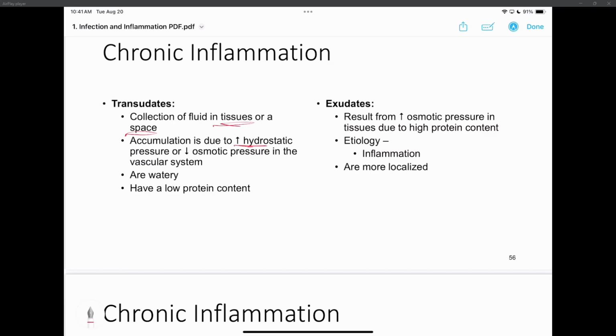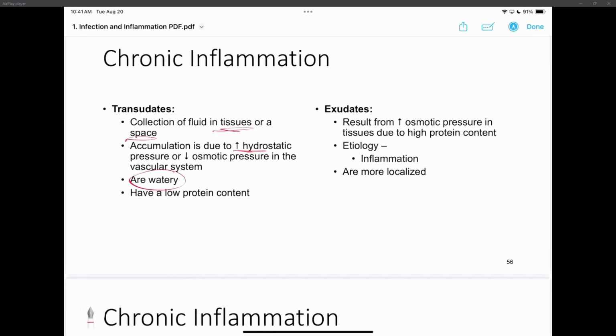And what kind of pressure is that? The suck. So if you're decreasing the suck, the fluid's going to stay in the space. Not going to come back. Very watery and have a very low protein count with a transudate.